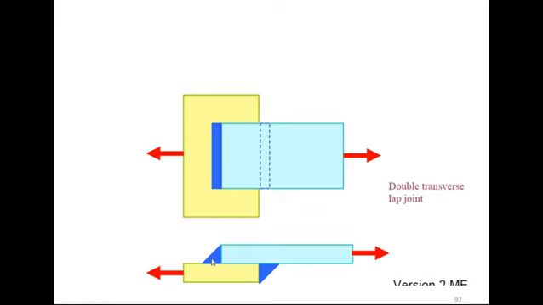At the upper level we have added material, and at the lower level, on these two plates, we have again done the welding process. Because we have done the welding at two levels, we call it a double transverse lap joint.